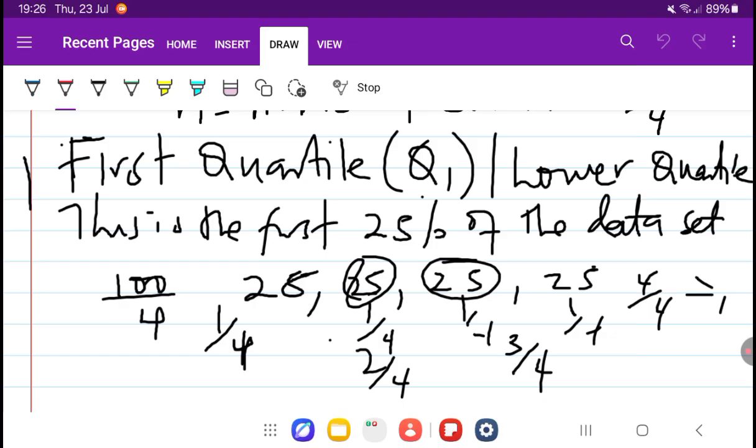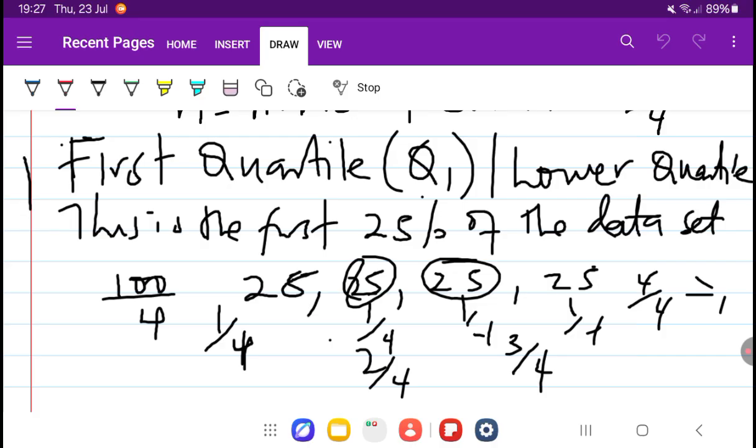So it is the first 25% of the data set. At most 25% of the data set is smaller than the first quartile. So it divides the lower half of the data set into half.